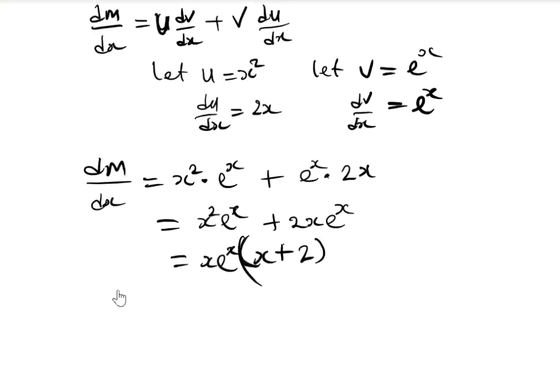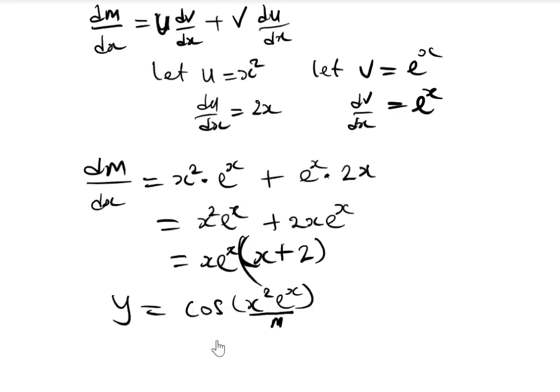Our original question is y is equal to cos(x squared exponential x). We have assumed this part to be m, and if we assume this to be m, we'll be having y equal to cos m.